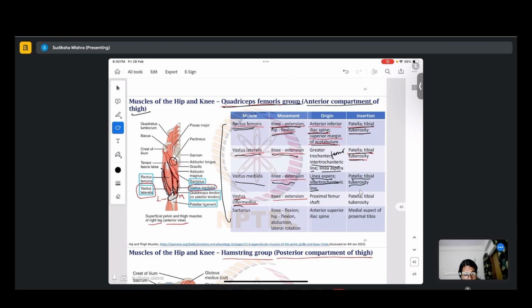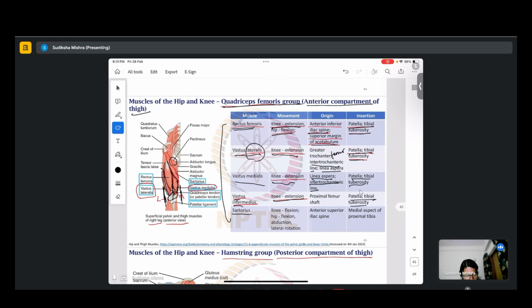One more thing is that lateralis means on this side, medialis means on this side, and intermedius is somewhere here. Vastus intermedius is responsible for knee extension, and it also originates in the proximal femur, so towards the hip bone, and it again inserts in the patella and tibial tuberosity.